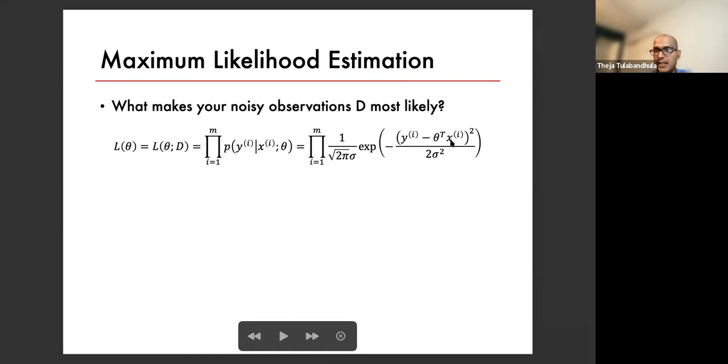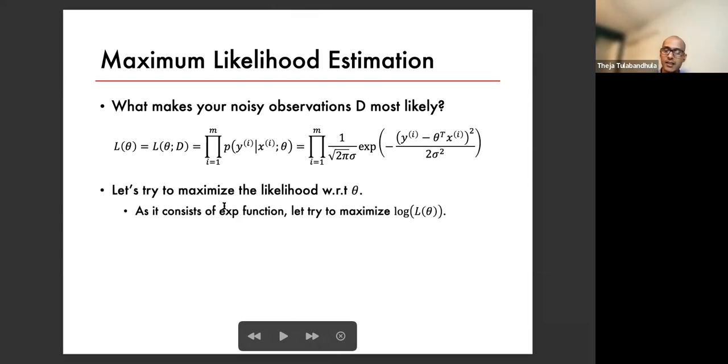Yi's have a mean which is theta transpose xi. This is the likelihood of the data given any theta. Now we want to find out which theta is the one which maximizes the likelihood. Let's try to maximize the likelihood with respect to theta.